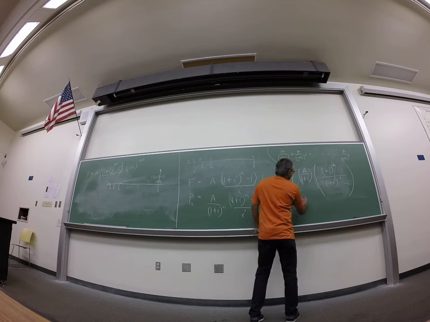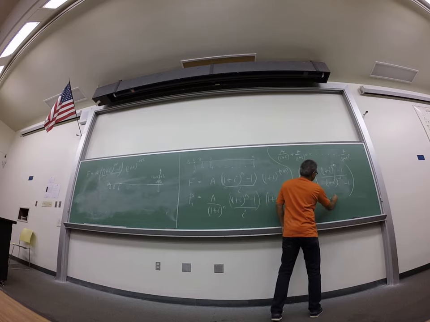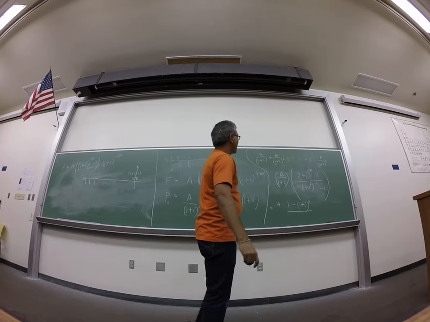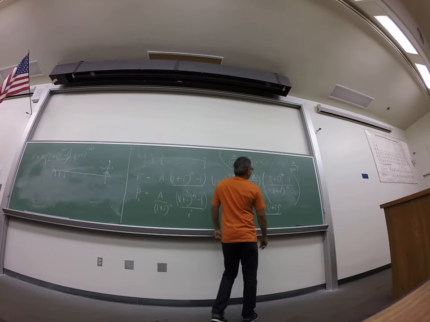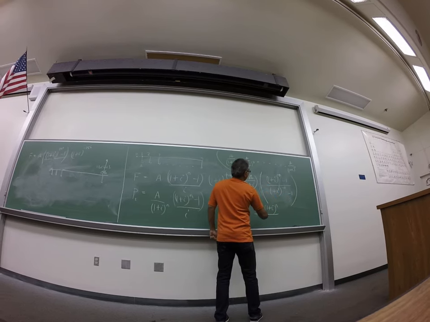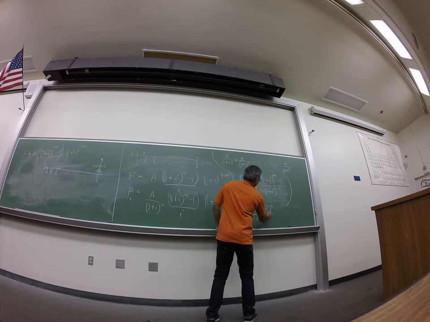So this becomes 1 minus 1 plus i to the power n, divided by 1 plus i to the power n. That's just the numerator.